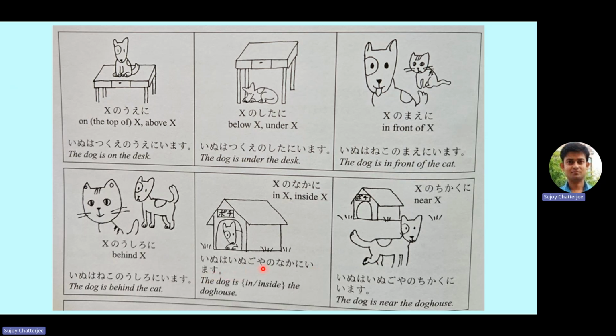Inu goya means dog house. So inu goya no naka means inside the dog house. Inu wa inu goya no naka ni imasu. The dog is in the dog house, or the dog is inside the dog house.